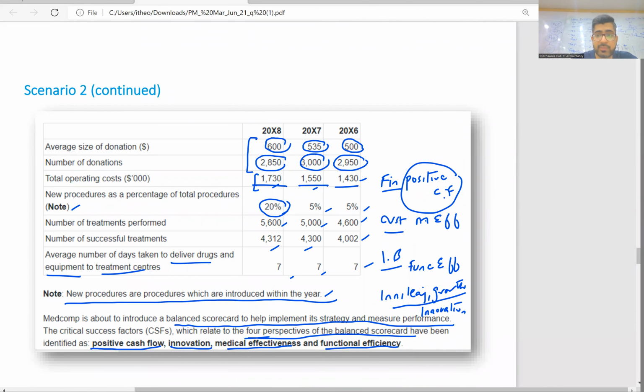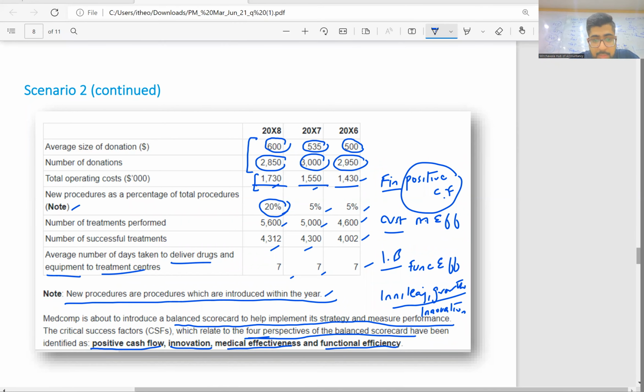Then to measure it, we need to see the indicator, whether positive cash flow is being generated or not. Okay. Now, similarly for innovation, learning growth, the critical success factor out of all these 4 was innovation. And to measure innovation, new procedures as a percentage of total.